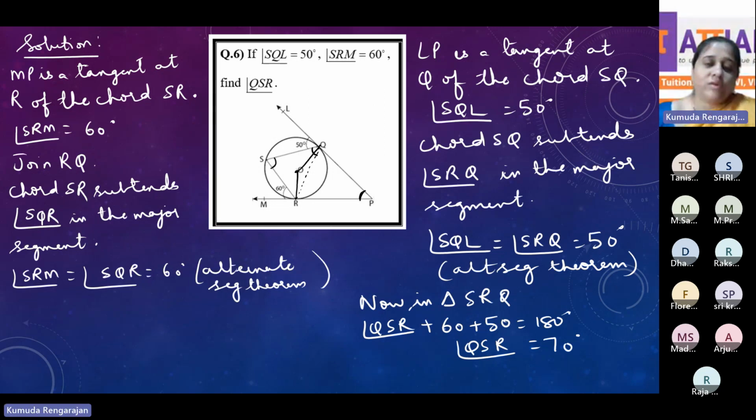We found that this one is 70 degrees, so this angle will be 140 because the angle at the center is double the angle at the circumference. And now ORPQ is a cyclic quadrilateral. Opposite angles are supplementary. So this will be how much? 40 degrees.